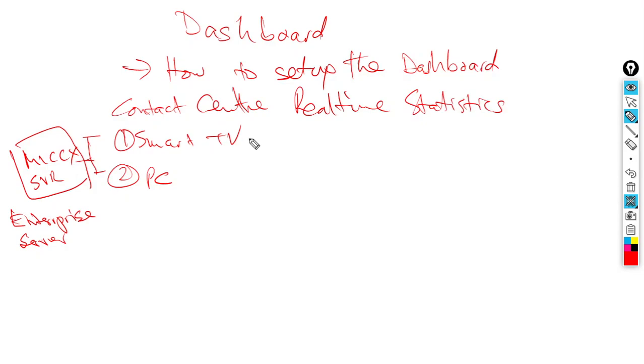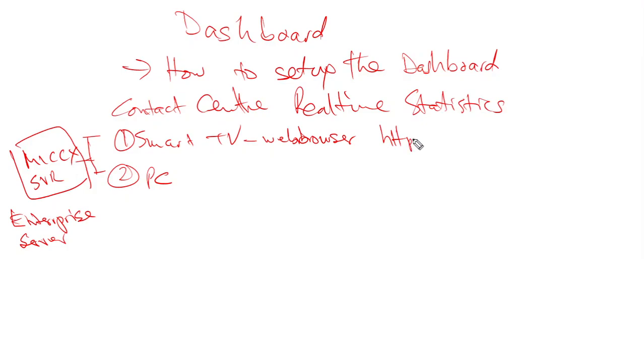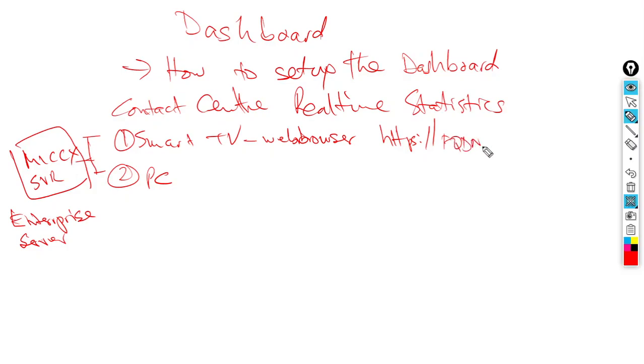So if we are using a smart TV, we are going to open a web browser on our smart TV and we are going to navigate to the IP address or FQDN of the MyCCX server and the word ignite.